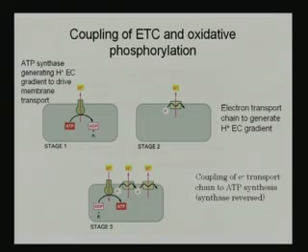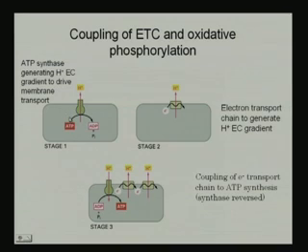And now, if we sum up this electron transport chain and oxidative phosphorylation, then we can couple both the things. When ATP is converted to ADP, protons are being pumped out from the inner mitochondrial matrix to the intermembrane space.